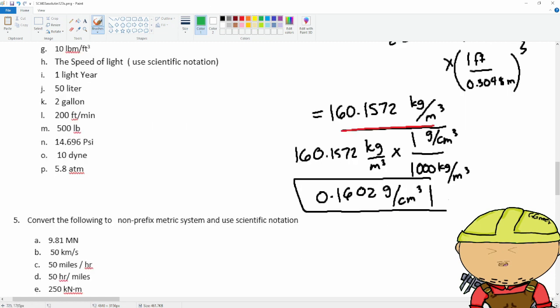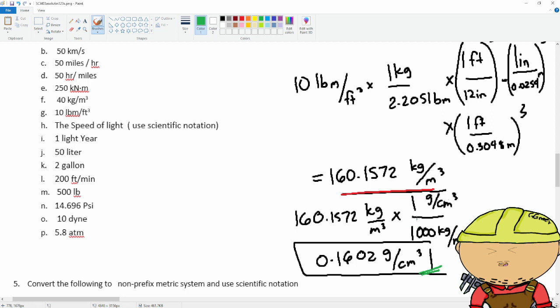This is the MKS and this is the CGS. So that's the conversion: 1 gram per centimeter cube is equal to 1,000 kilogram per meter cube.